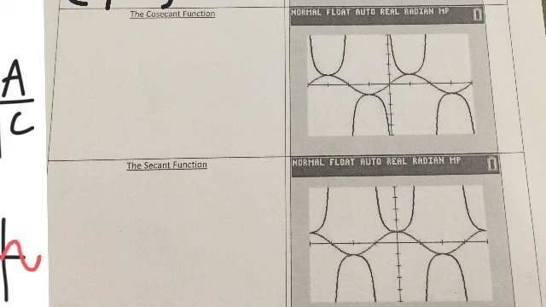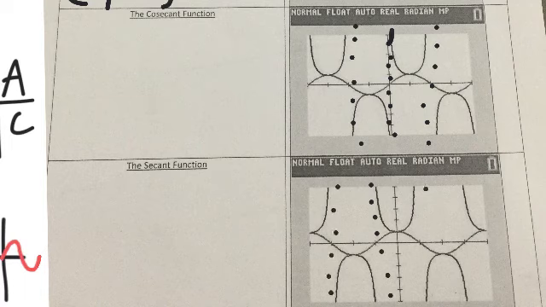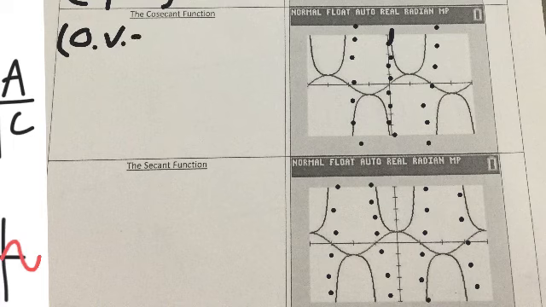So again, when I think about my critical points, these graphs have asymptotes. Where sine used to be 0, now I'm going to have an asymptote. And in the secant graph, where cosine used to be 0, I'm going to have an asymptote. And then I have parabolas around them. So for my critical points for cosecant, at 0, I have a vertical asymptote.